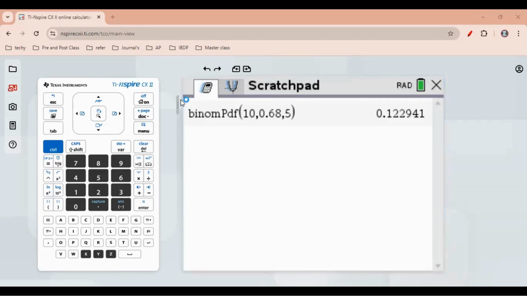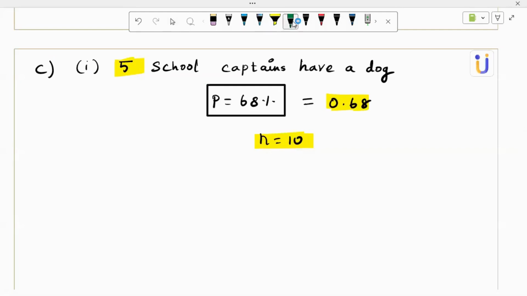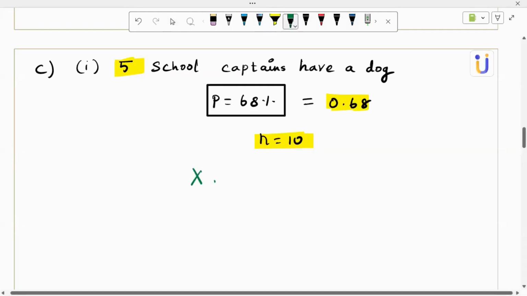Now we can take it over and interpret the result in the solution page. So X is distributed binomially as 10, 0.68, right? And we are solving for P of X equal to 5.